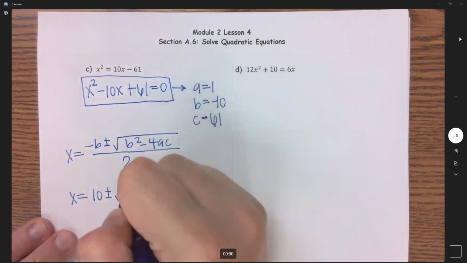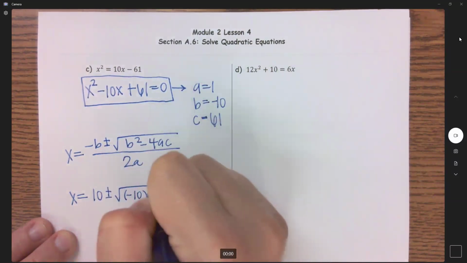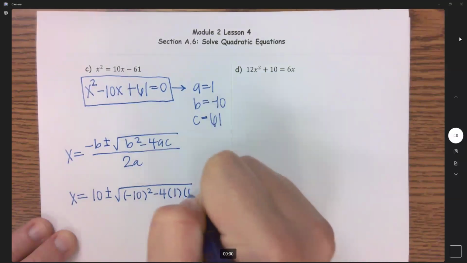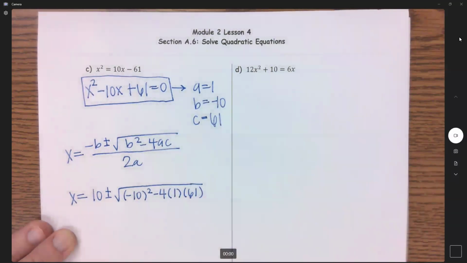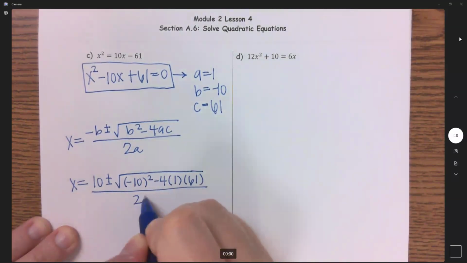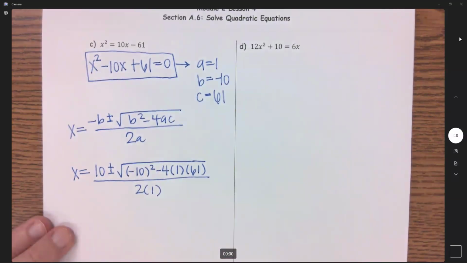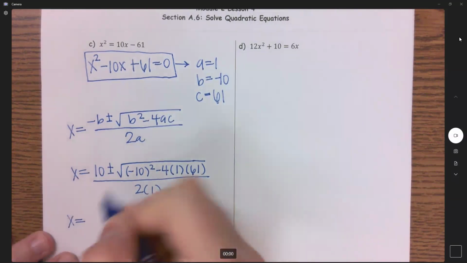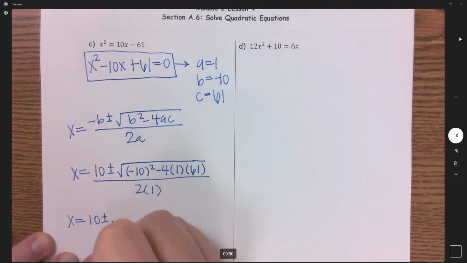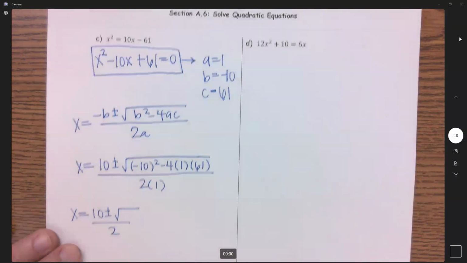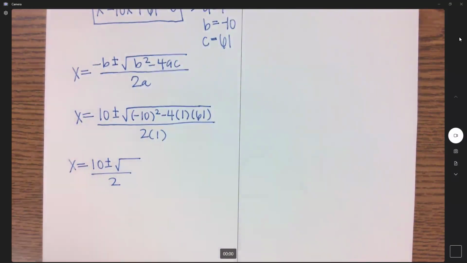This negative 10 must go in parentheses, minus 4 times a times c, all over 2 times 1, 2 times a. So clean it up. We're going to have 10 plus or minus the square root of something all over 2. Let's figure out what goes under that radical.